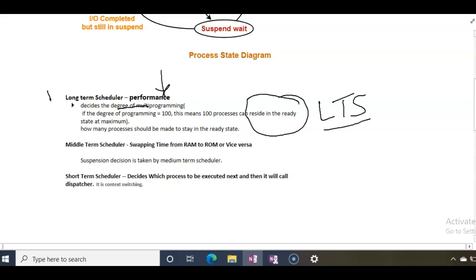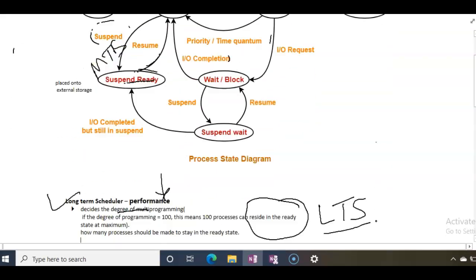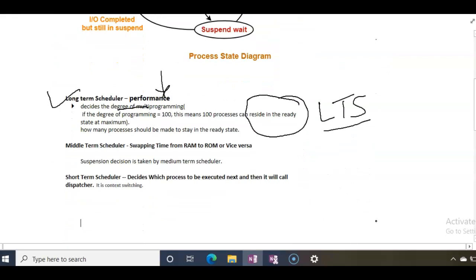The next topic is the mid-term scheduler. So the mid-term scheduler is what I have mentioned above. As you can see, this is the responsibility of the mid-term scheduler. The mid-term scheduler just takes the responsibility of suspension of the process, and if any process requires an extra bit of memory, it will go to the ROM.